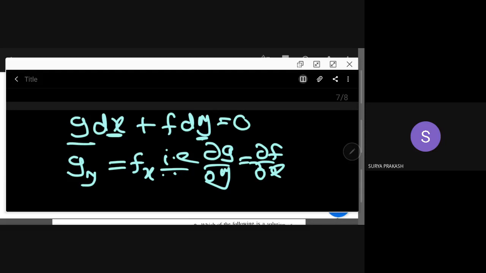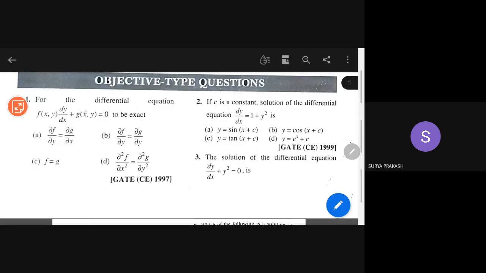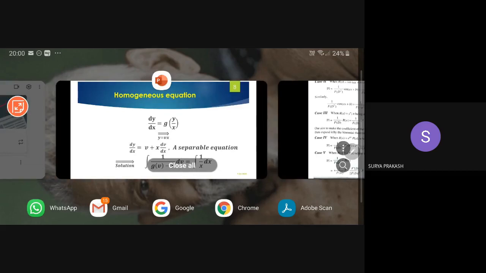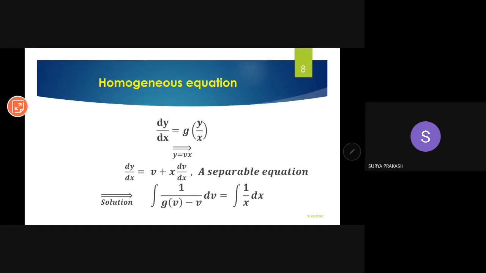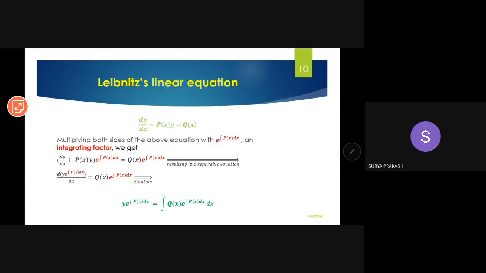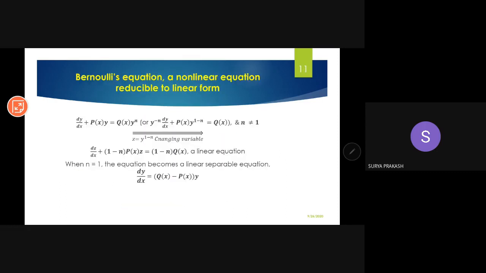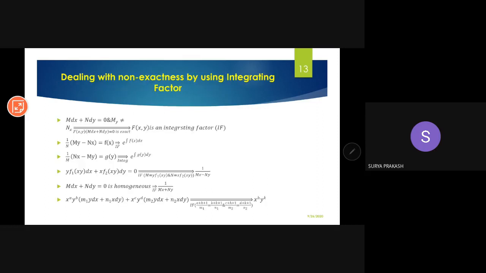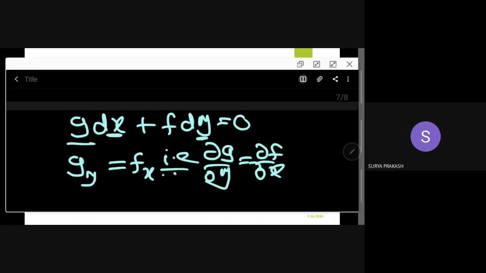What did I tell here? So our equation, M dx plus N dy, M_y is equal to N_x. Right. M_y is equal to N_x means dou g by dou y is equal to dou f by dou x.